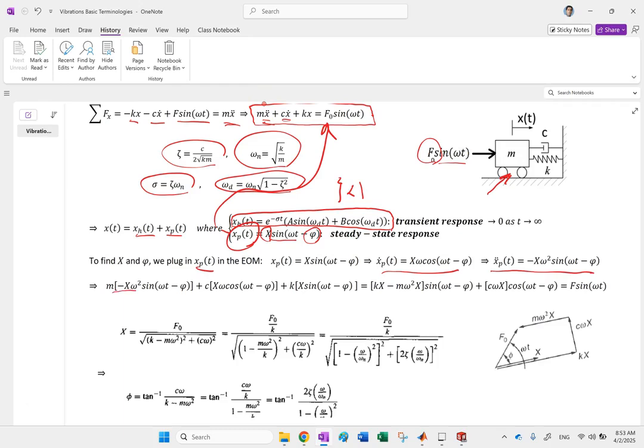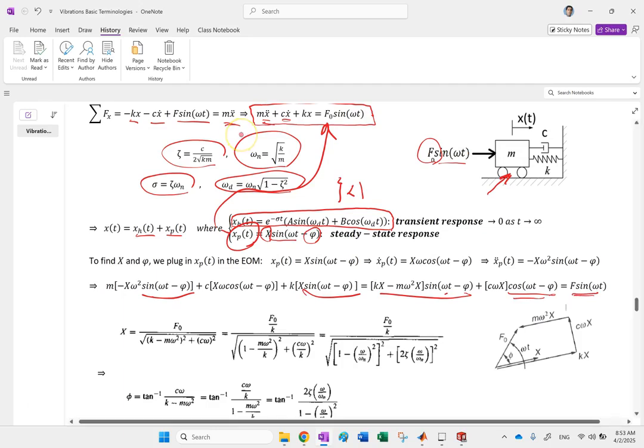We plug them in and you get this big equation. Now, if you look here, there are some terms that are sine, which you can factor out here. There is a cosine term, which is like the sine with a 90 degree phase shift, and this is equal to a sine. And from here, the goal is to find x and to find the phase.